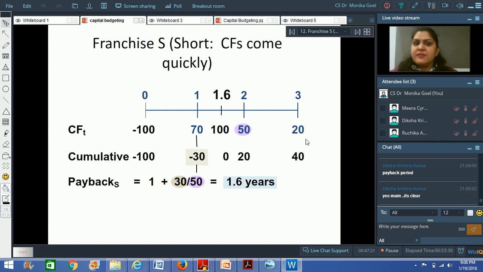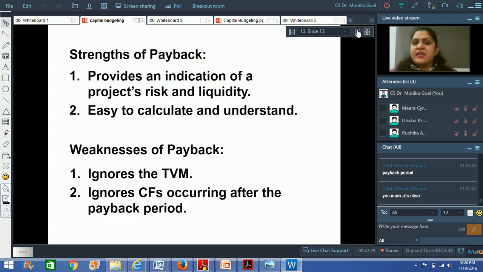And in franchise S, the cash flows were consistently reducing. So from a layman's perspective, you would say that, ma'am, though technically you are saying franchise S is a better investment, from the layman's point of view, I feel that franchise L would be more profitable, isn't it? You got my point?